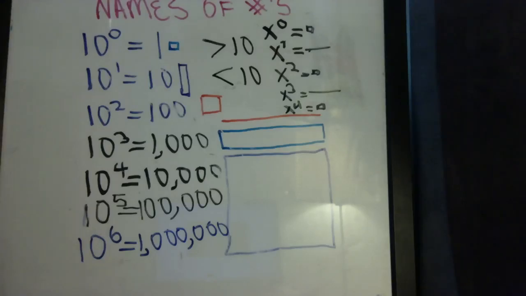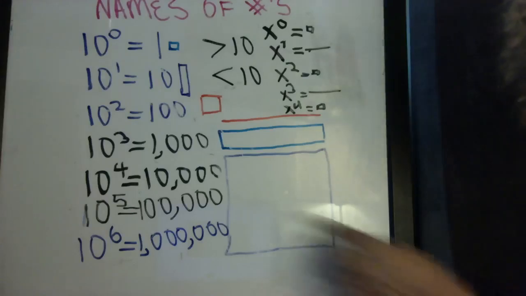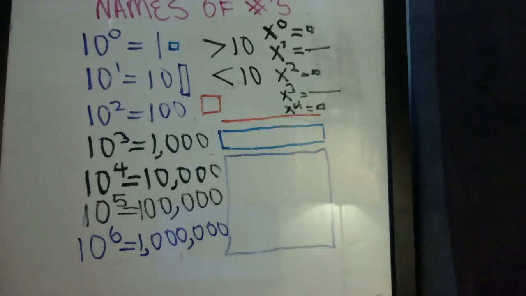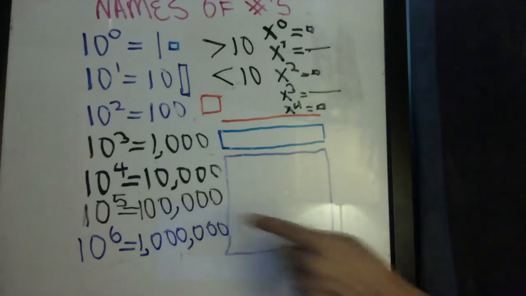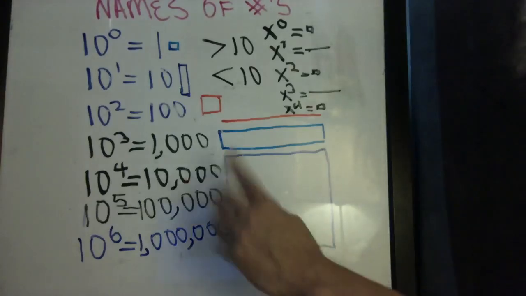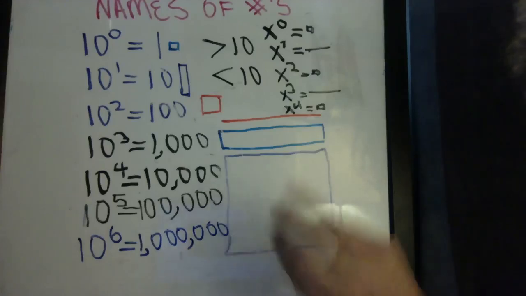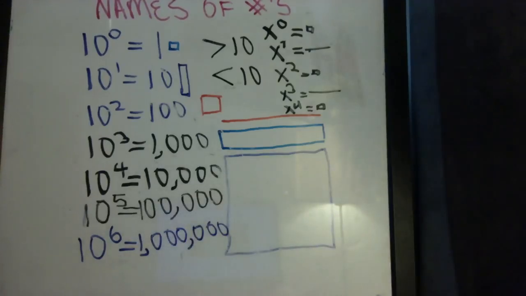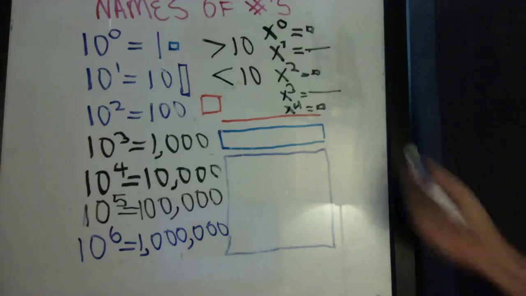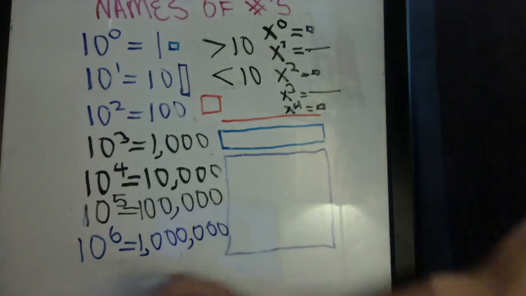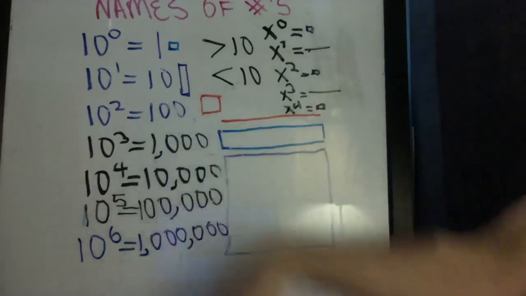Right? 100 times 100 is 10,000. 10,000 times 10 is 100,000. 100,000 times 10 is 1,000,000. What comes next? And like I said, you can keep visualizing this and drawing them and changing the scale smaller and smaller.